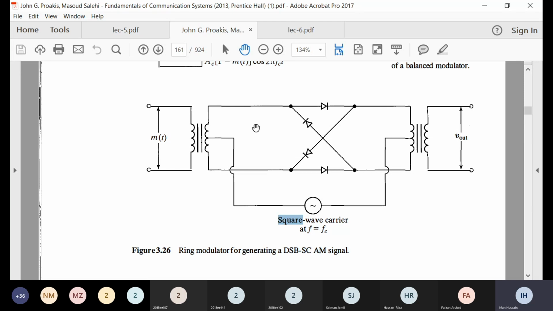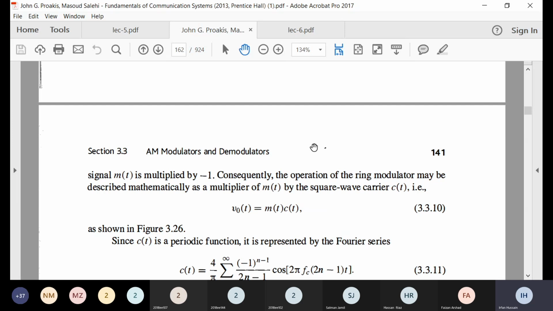And once this is positive and this is negative, you can very well see that these cross-arm diodes will be conducting, and in that case your direction will be exactly opposite. So as your c(t) alternates with positive and negative polarity, the output signal is multiplied with opposite directions, with plus 1 and minus 1.